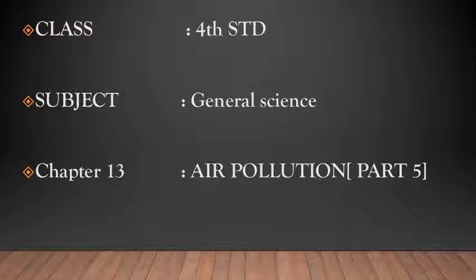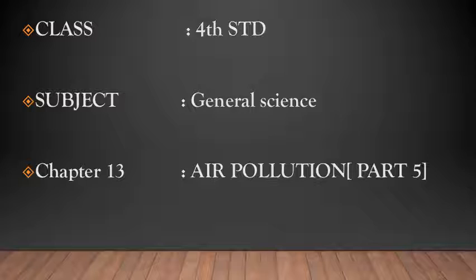Then man-made air pollution: emission from factories, power plants, pollution by automobiles, crop burning, then landfills, spraying chemicals, bursting crackers. These are the different man-made reasons or causes for air pollution.